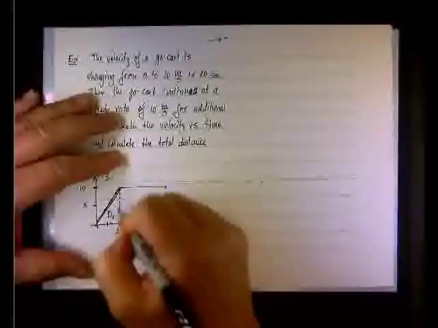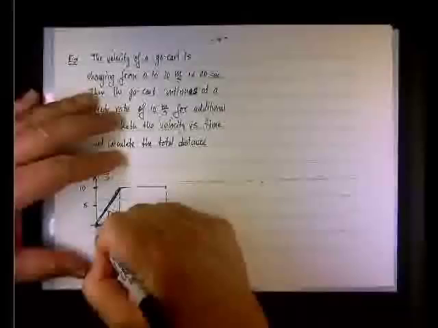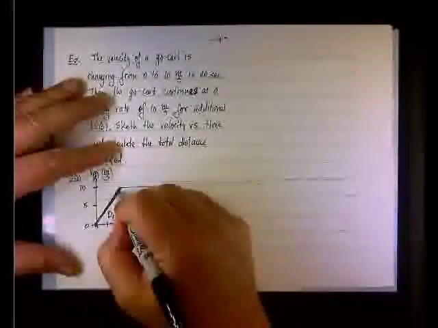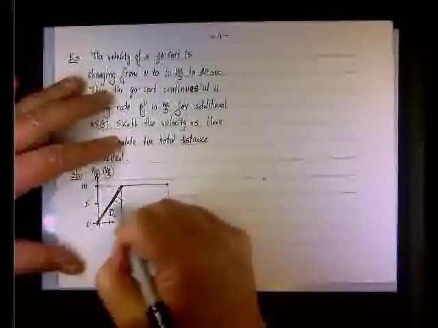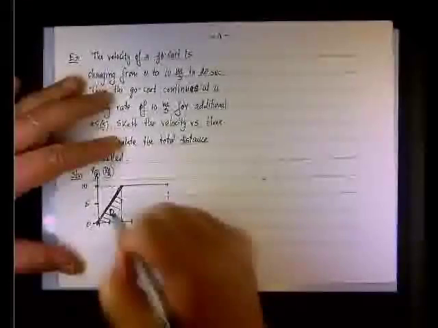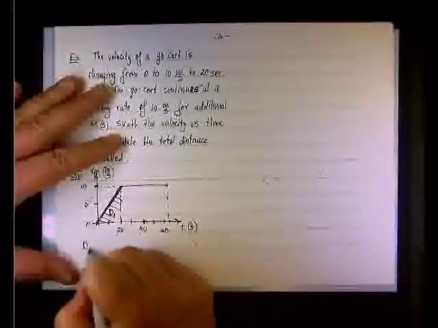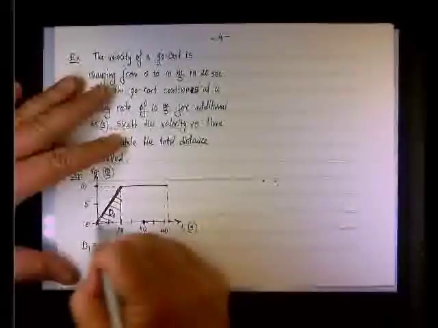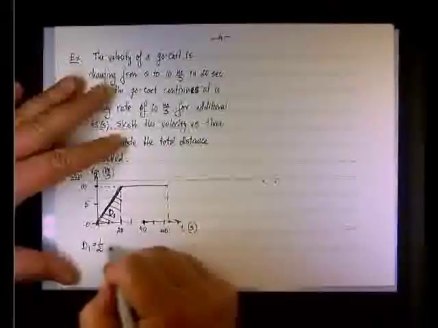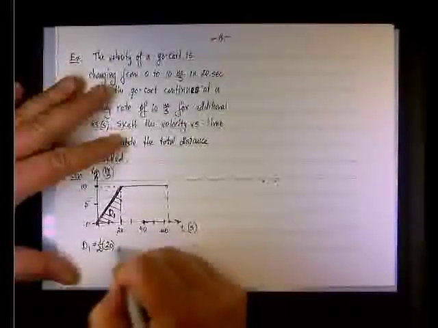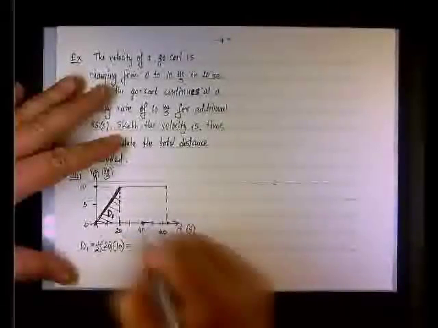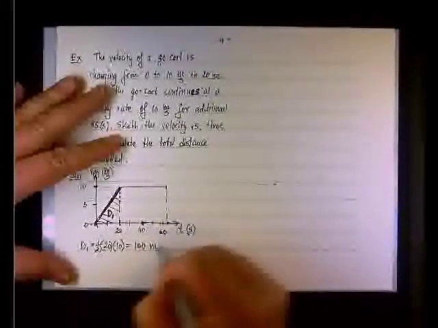The area under the slanted line, which is the velocity changing from 0 to 10 meters per second over a period of 20 seconds, represents the first distance. So d1 equals 1/2 of the base times the height, 1/2 of 20 times 10, so it will be 100 meters.